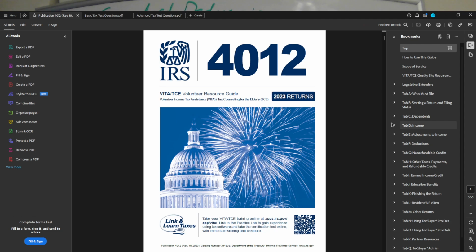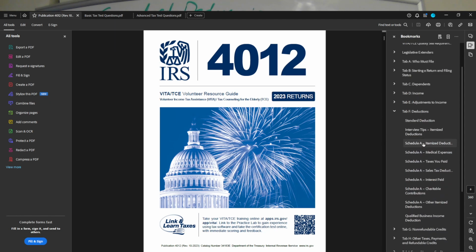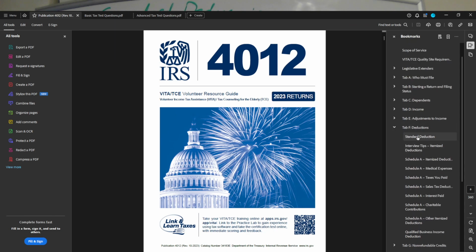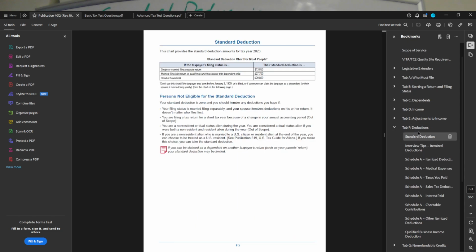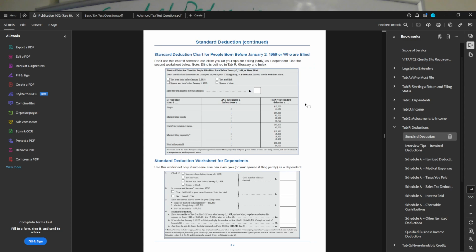If you look in your resource guide, tab F is for your deductions. This is mostly about standard and itemized. The first real page, F3, shows you the standard deductions, the three different levels I just showed you. But on the back of it, F4, is for if we are blind or over 65, where your standard deduction changes.